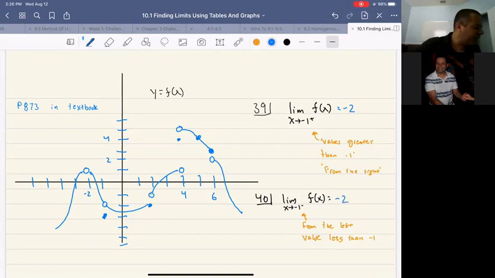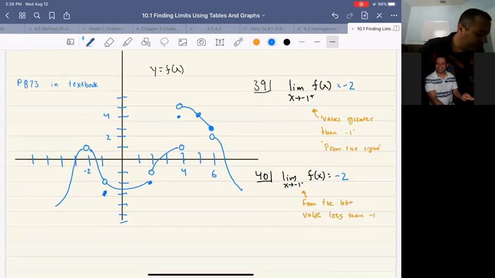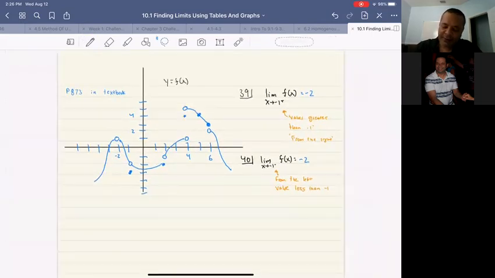Okay, let's take a look at 41. So one thing that we can say is when both of these values are the same, then the limit exists. Move these over.